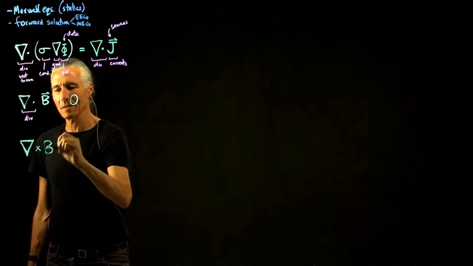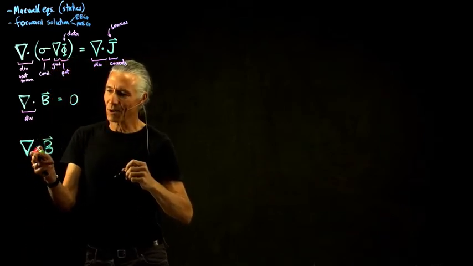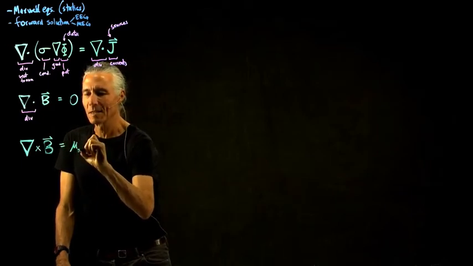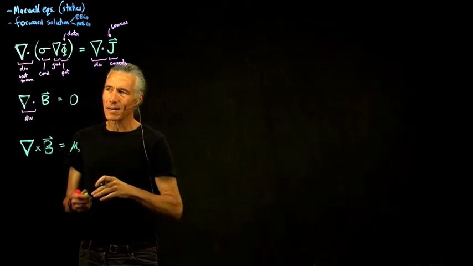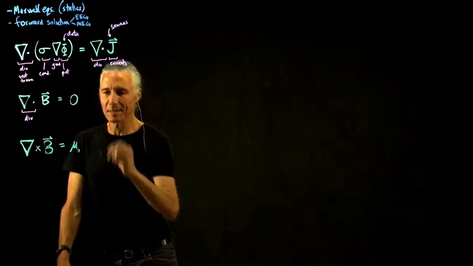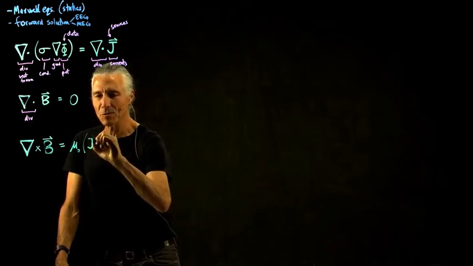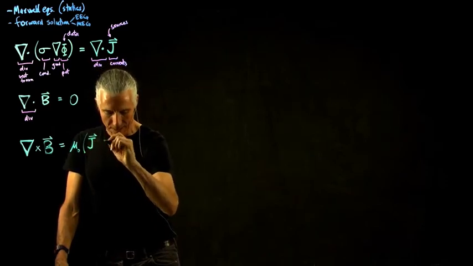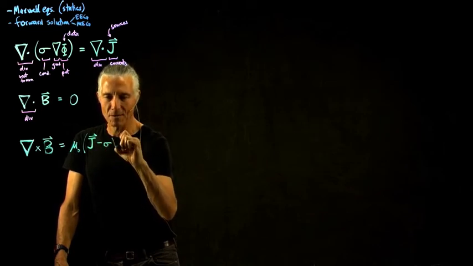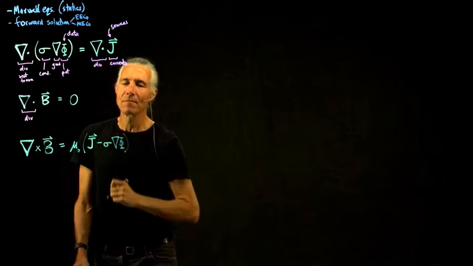It says that the rotatingness, the curl of the magnetic field, is equal to that constant that has to do with how well the magnetic field goes into a particular substance. And then it includes two things: the currents, but also maybe there are some charges in there, so we have to add on the gradient of the potential.